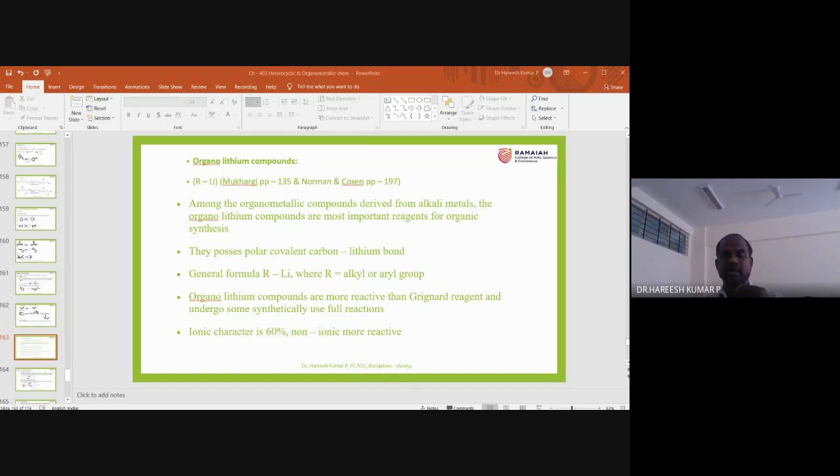If a Grignard reagent is not able to enter and react with hindered carbonyl compounds, organolithium will interact and form a carbon-carbon bond. The ionic character is around 60%, and of course, the more ionic ones are more reactive. With this, I will go to the next slide.